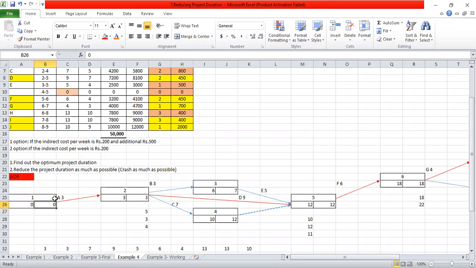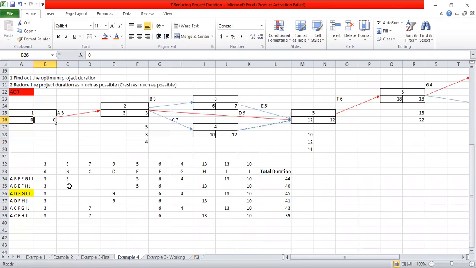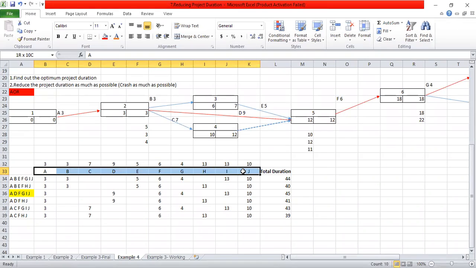Right. So the next step is writing down all these paths that we can get in this project network. So firstly, you have to write down your activities A, B, C, D, E, F, G, H, I, J. In here, you can ignore the dummy activity because we haven't assigned a letter for that dummy activity.